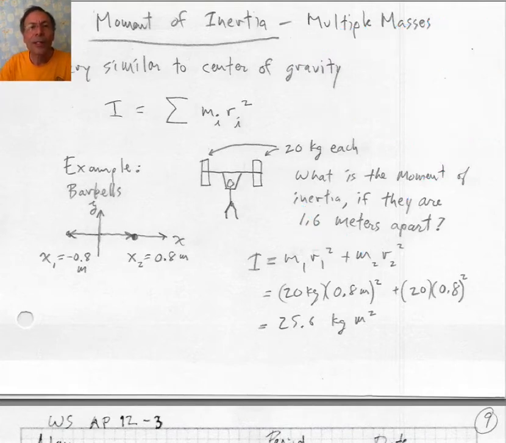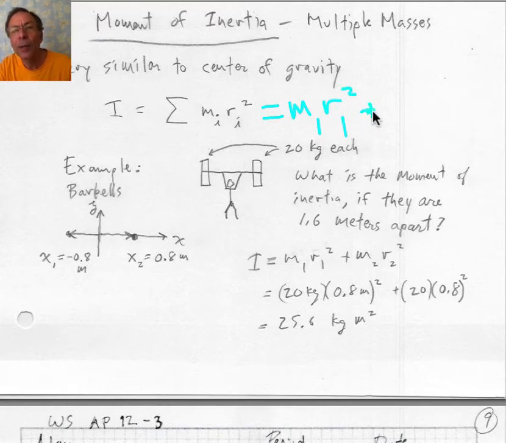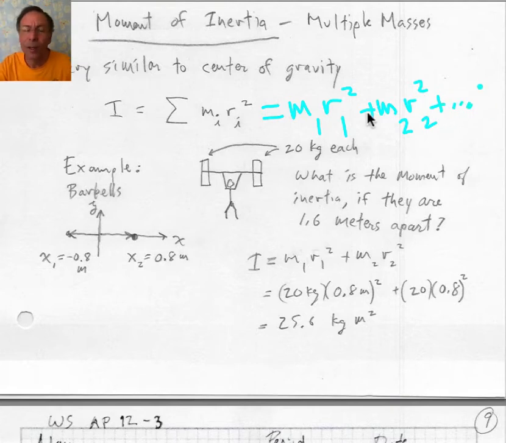So what this shorthand is telling us is that to find the moment of inertia, we're going to have mass 1 times its distance from the rotation axis squared plus mass 2 times its distance from the rotation axis squared, and on for as many masses as you actually have.